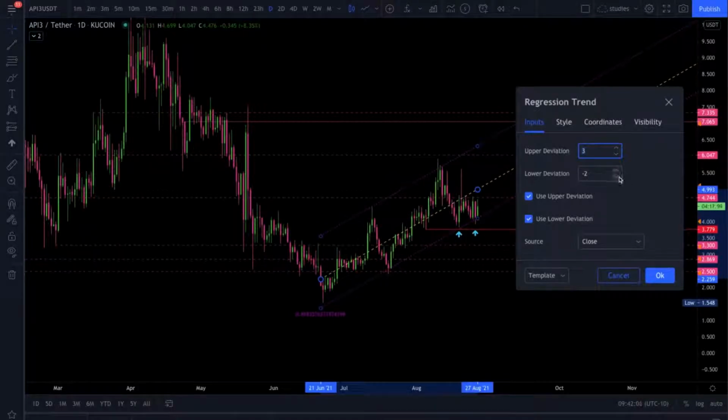Now, 3 standard deviations above and below pretty much are going to cover everything to show you that this trend is still valid. We could dip down here and come back up, and I would still be confident that this trend would hold. 87.8 here is a pretty high correlation, and so I have a fair amount of confidence that this trend would hold.